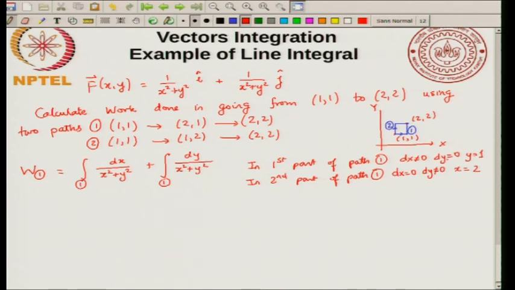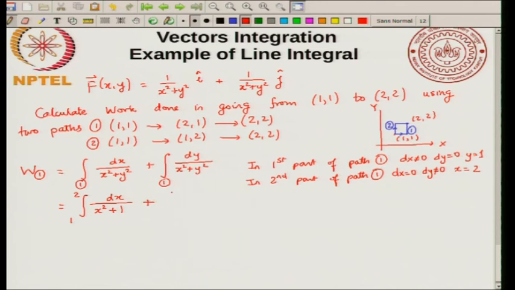So, when you put this condition, for the first part of path 1, dx is not equal to 0, so dy goes out. All you have is an integral over dx, the limits of x are from 1 to 2, and you have x square and y is set at 1, so you have x square plus 1. You just get an integral over a single variable, and you can do this integral.